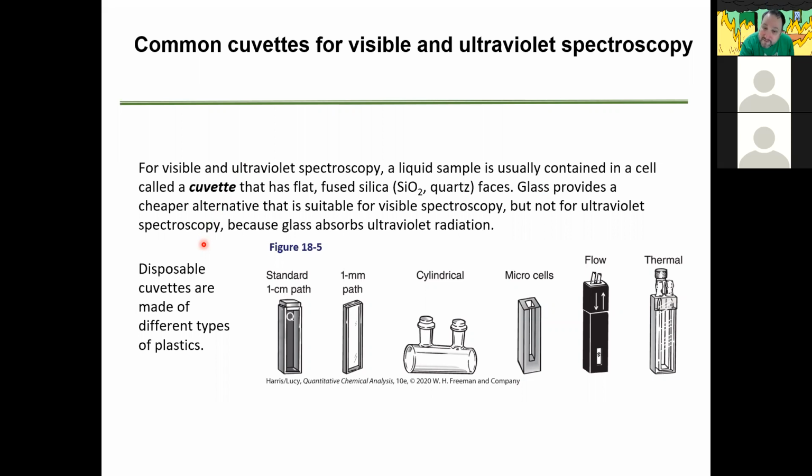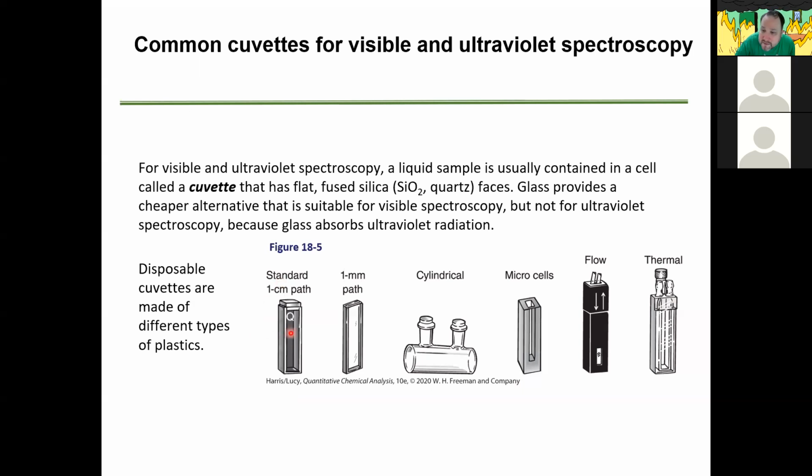They're going to come in different form factors. Probably the most standard is this guy right here, which is the 1 centimeter path length. So that the width from one side to the other is 1 centimeter. You can get ones that are in different volumes or in different shapes that still maintain that 1 centimeter path.